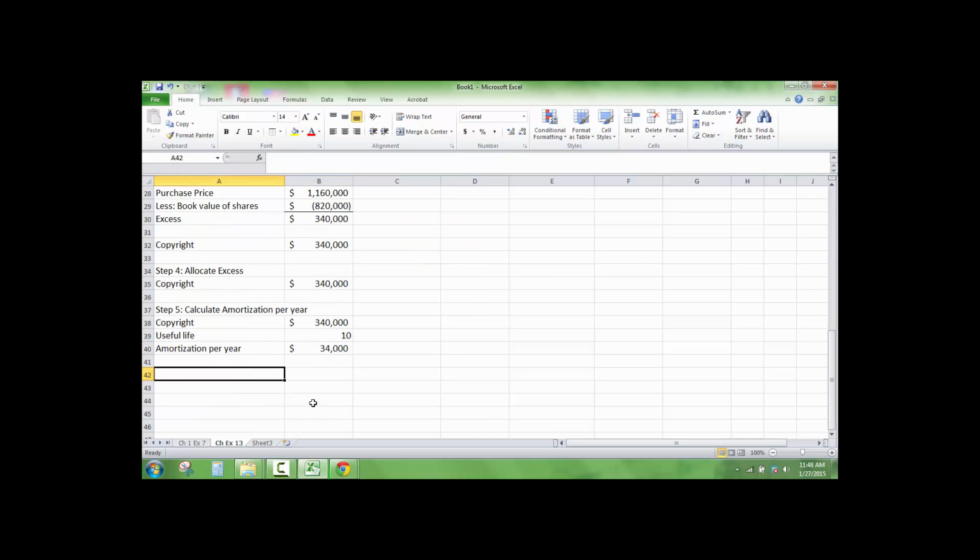And now we are going to calculate investment balance.